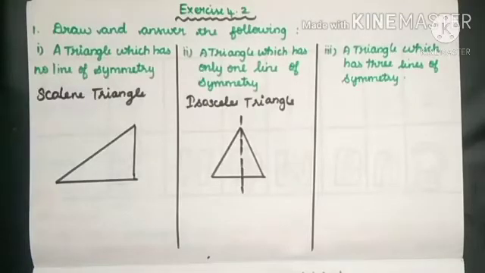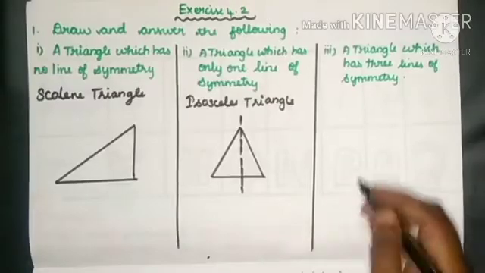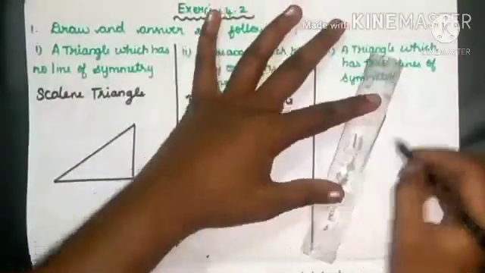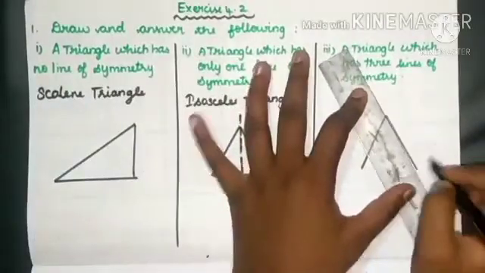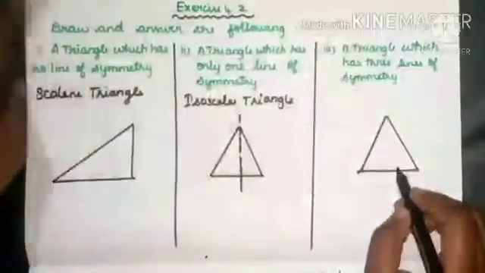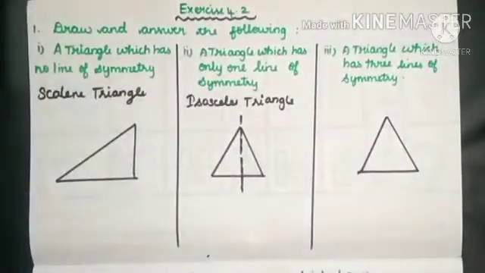A closed figure having equal sides and equal angles has lines of symmetry equal to the number of sides. Therefore, in an equilateral triangle, all the three sides are equal. If the three sides are equal, there are three lines of symmetry in an equilateral triangle.